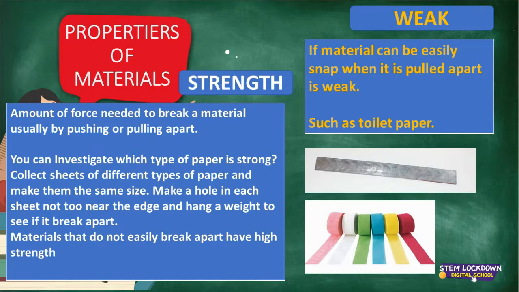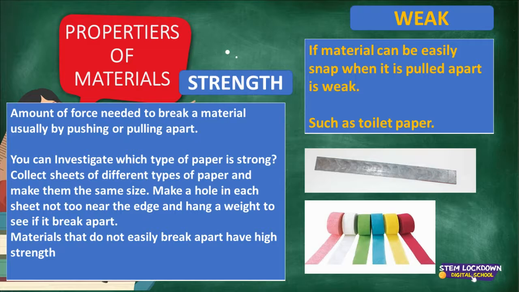You hang the heavy metal or something very heavy, or you can just pull it if you don't have something to hang. Then you'll see the one which snaps easily is weak, and the one with strength is the one which does not snap when you pull it very hard. It will need great force for it to be pulled apart.